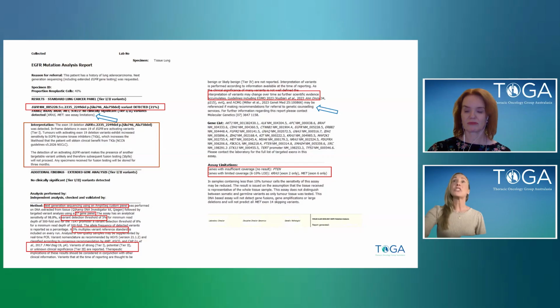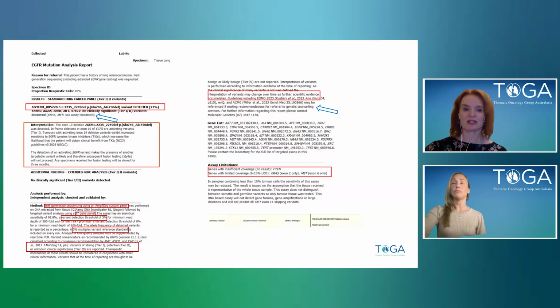If there's any important negatives, for example, if this was a non-small cell lung cancer that did not have an EGFR variant, it would also need to spell out that there was no EGFR variant and the patient probably wouldn't respond to EGFR TKI. And also in here, depending on the lab, they may put any additional testing that should or should not be undertaken in this particular context.